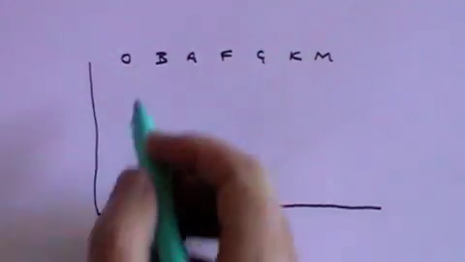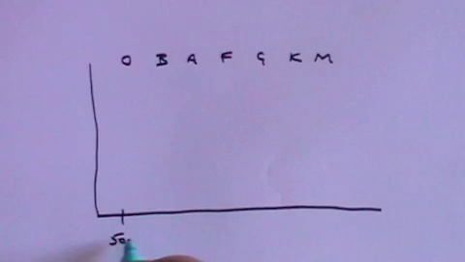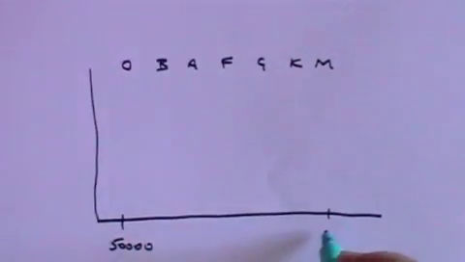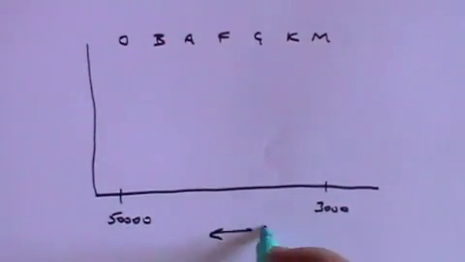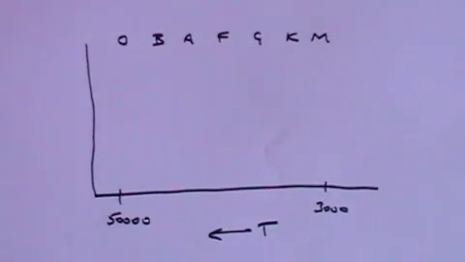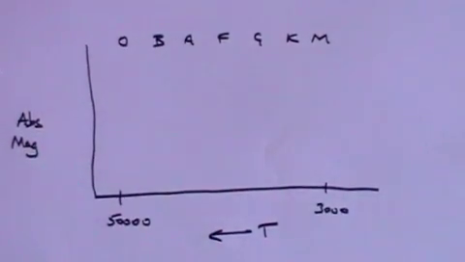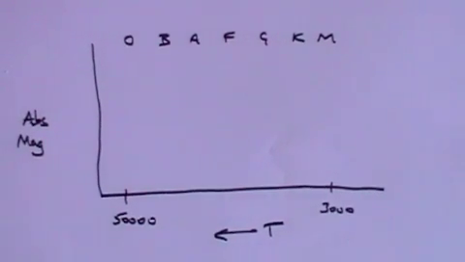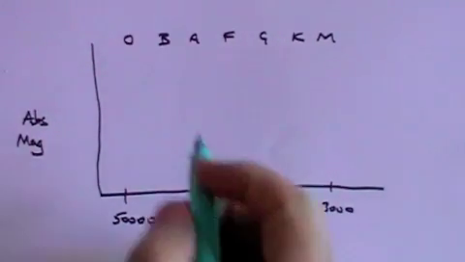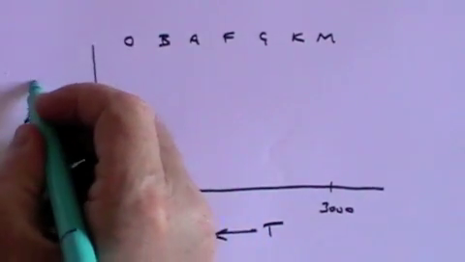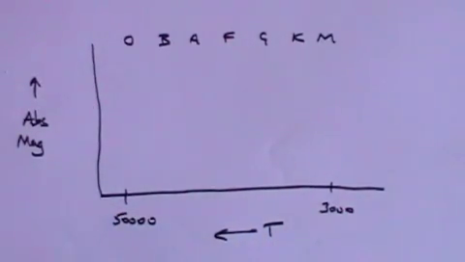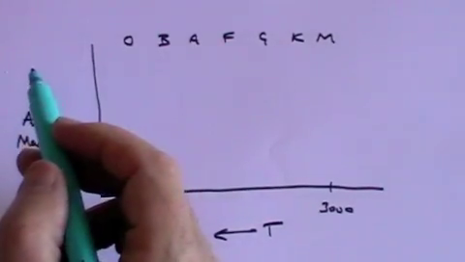This is now measuring temperatures from 50,000 degrees K to 3,000 degrees K. It's important to notice that the temperature scale moves upwards in that direction on this graph, and is plotted against the absolute magnitude of the star that you have to calculate. The absolute magnitude in this case goes upwards, so it's brighter as you go up the scale.